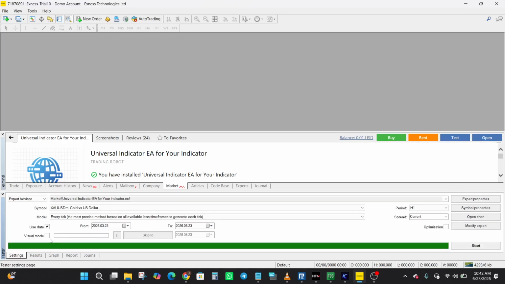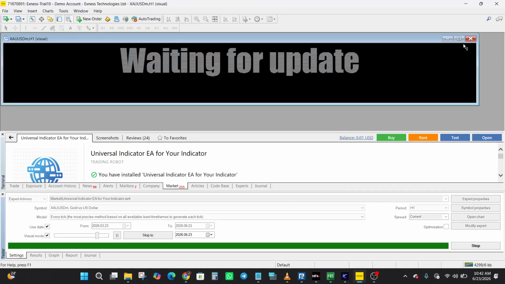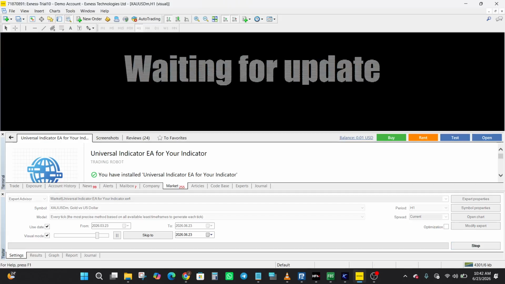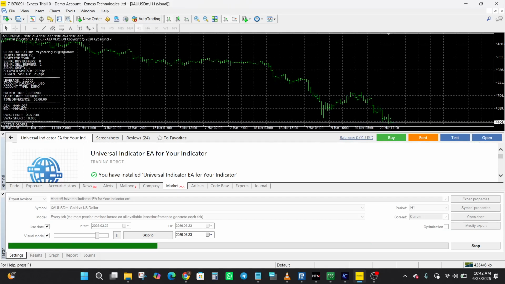Okay, but let's just go turn on the visuals and let us see the EA in action, at least how it looks like, right? So as I review the chart behavior, the most useful observations typically come from evaluating whether the EA accurately follows the indicator signals and whether the configured trade management rules behave as expected throughout the test period.